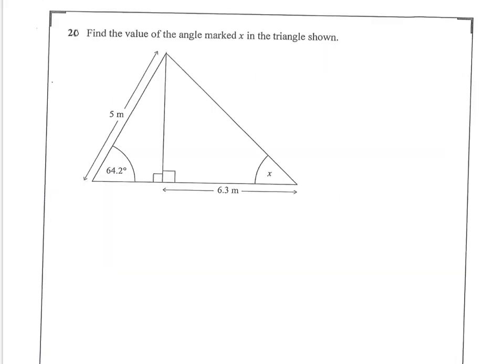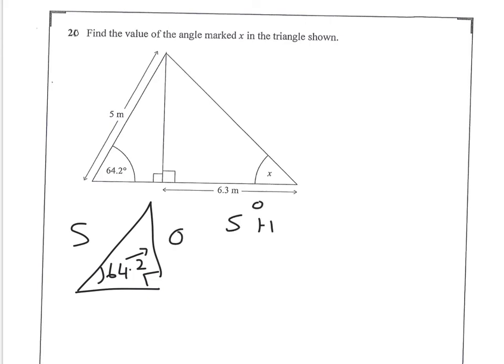So let's start off with the triangle on the left. We have 5 and 64.2. We want to work out the opposite. So if we write out our SOHCAHTOA, we have the opposite and the hypotenuse, so we're going to be using sine, and we want to work out the opposite.